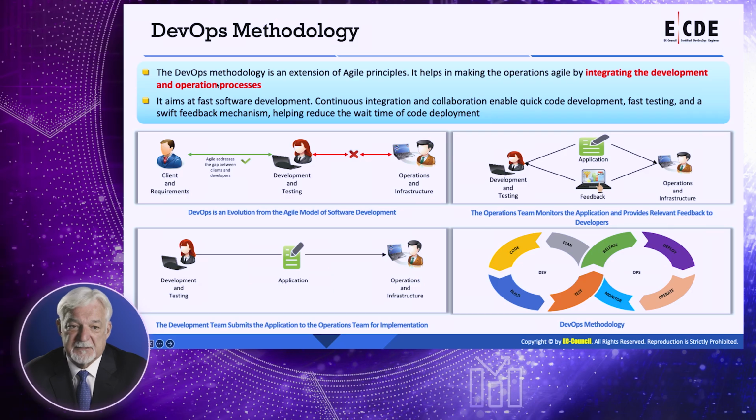The old method, you can see clients and requirements. Agile addresses the gap between the clients and developers very, very well. But between development testing and the operations and infrastructure team, there's a break. And so when we look down below, you have to actually submit the application to the operations team for that implementation.